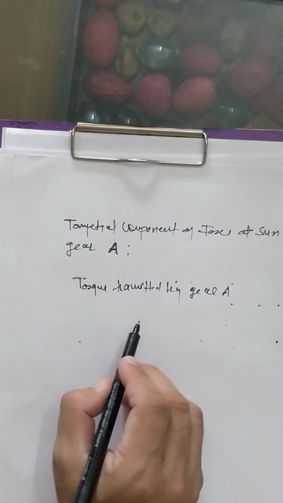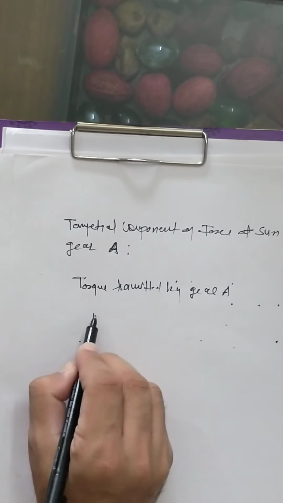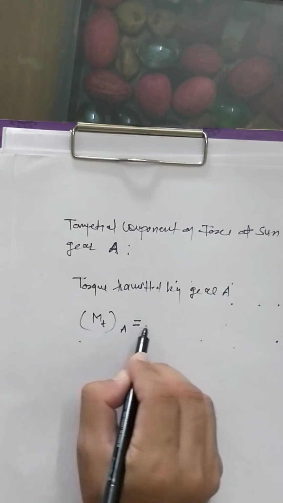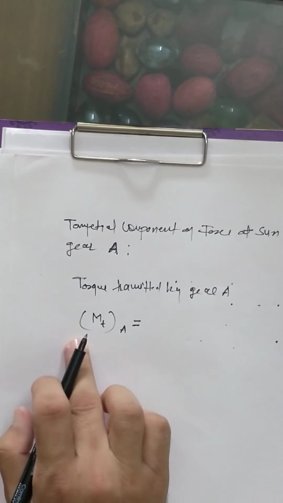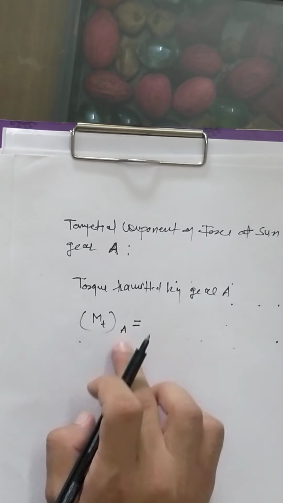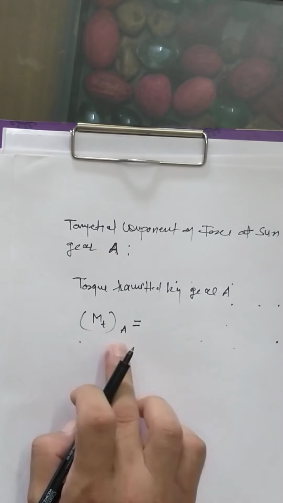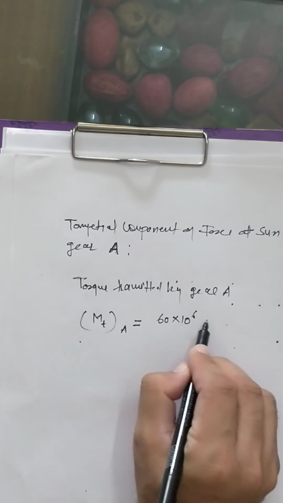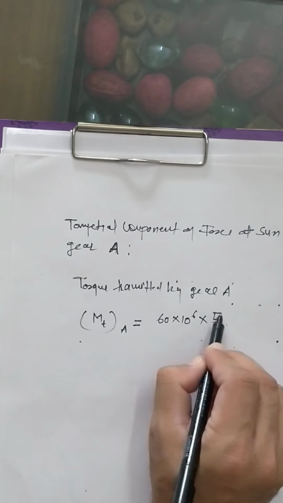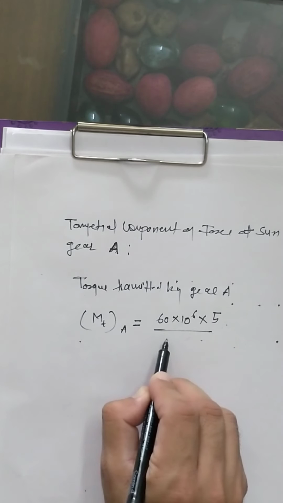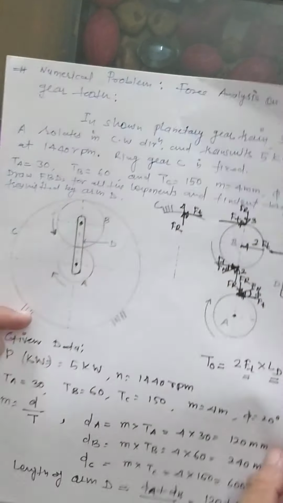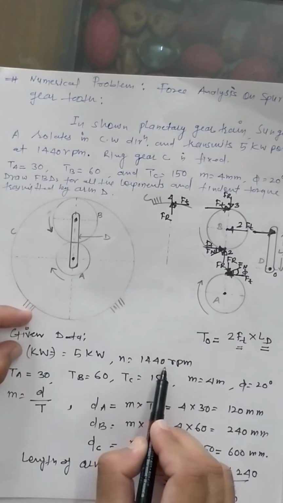From the power and torque relationship, power equals 2 pi n MT divided by 60. So MT at A is 60 times 10 raised to power 6 into 5 kilowatt divided by 2 pi n, where n is given as 440 rpm.